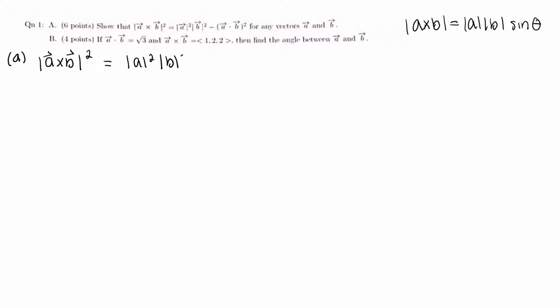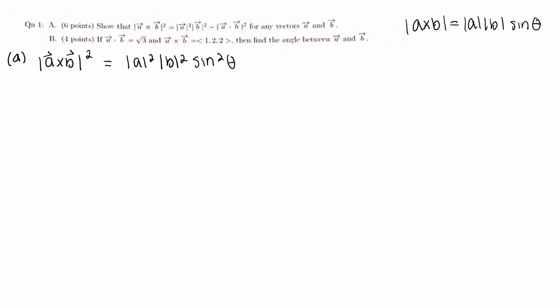So for part A, with the identity that the magnitude of a cross b is just the magnitude of a, the magnitude of b, and sine theta. Because it's squared, we're going to do the same, only we're going to square the results.